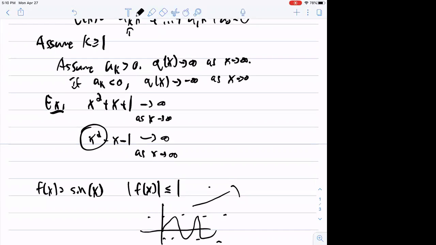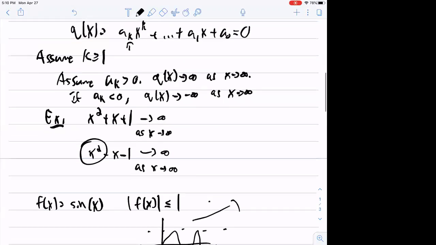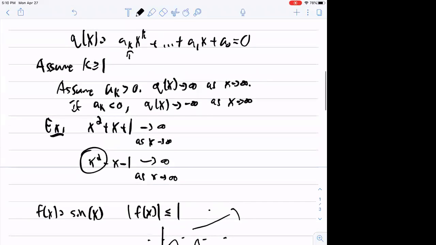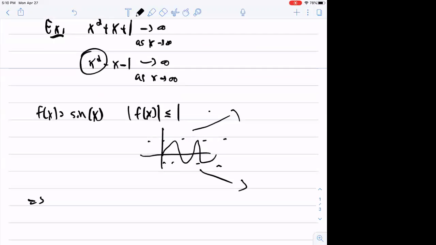You're either going off this way or that way. So basically, a_k must be 0. If a_k is not 0, you're not going to converge uniformly. And if you do this inductively, you're going to get that q of x must be constant.